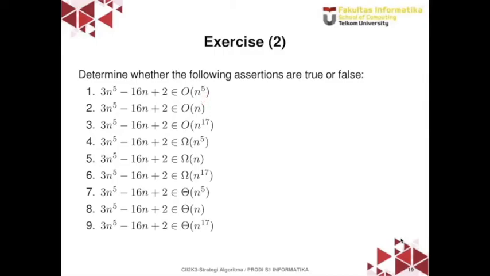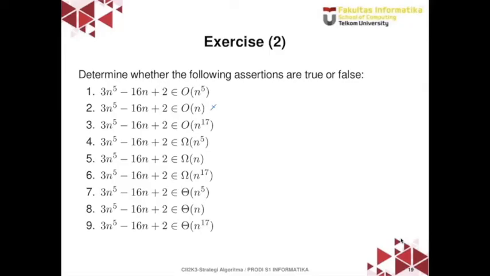So for number 2, we have n to the 5, and here we have n, so we already know that it is impossible. So we really can say that it is false.